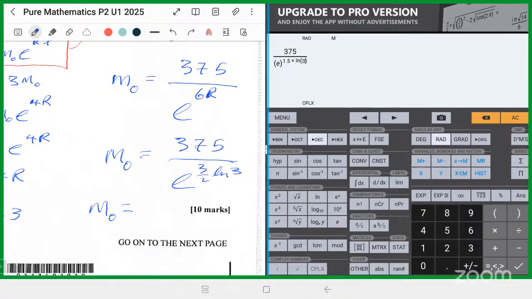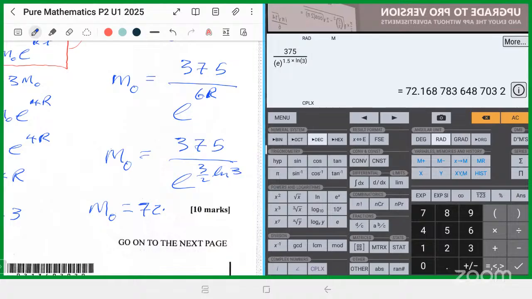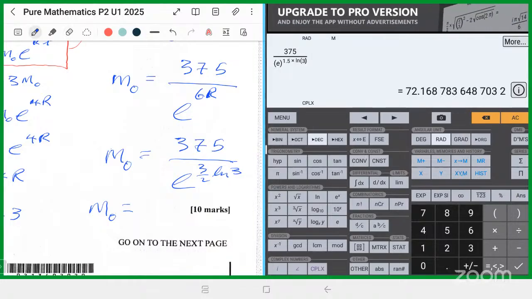That gives 72.17. Now let's use 72.2 to get some accuracy. I am saying that this is the starting mass. So this I'm saying is the answer.